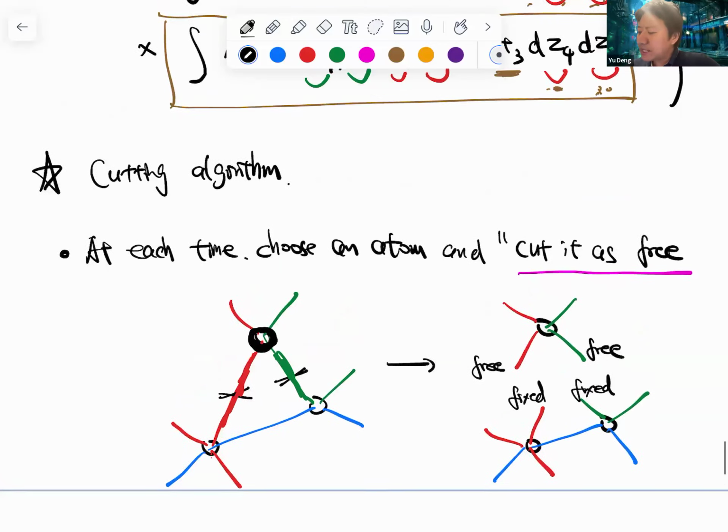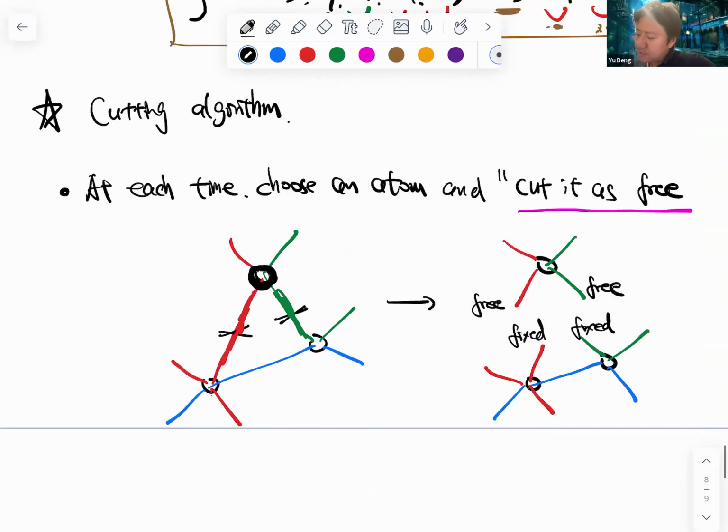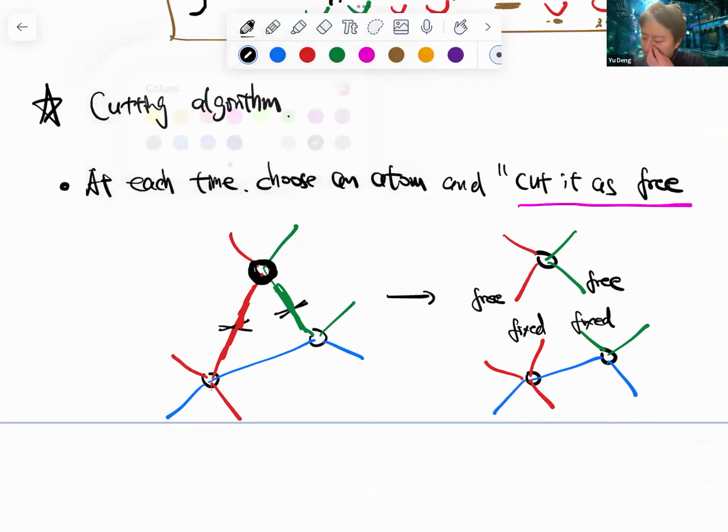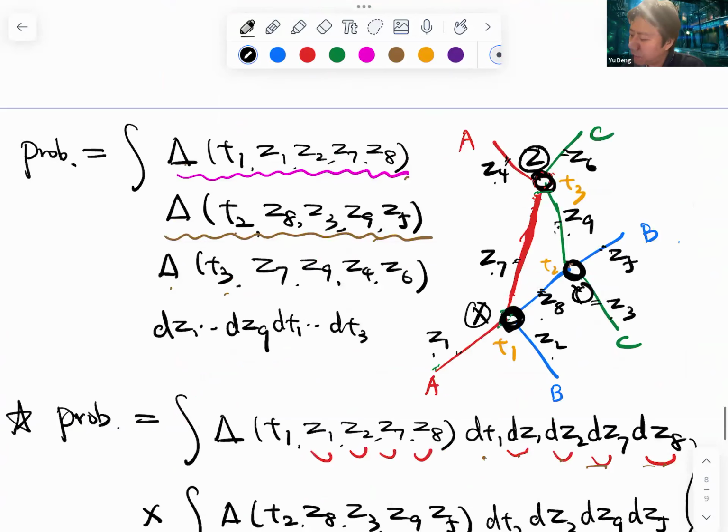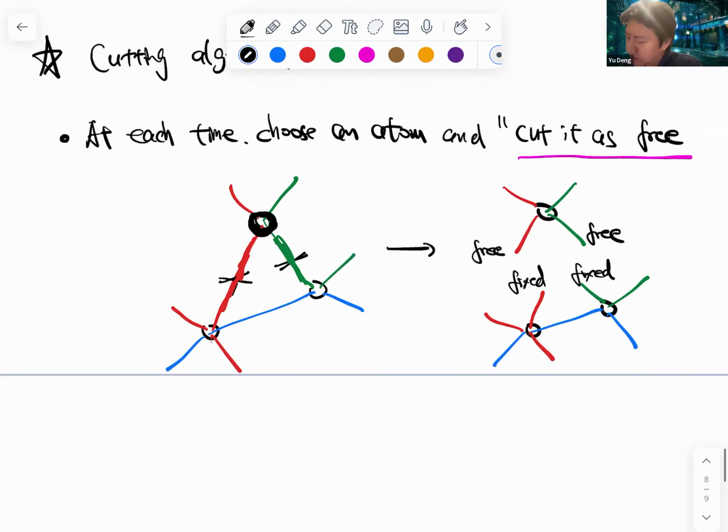Okay, and what this has to do with the integral, remember that the variables corresponding to this free. So we have variables z4, z6. Sorry, actually no. Okay, so sorry, let me draw it again.